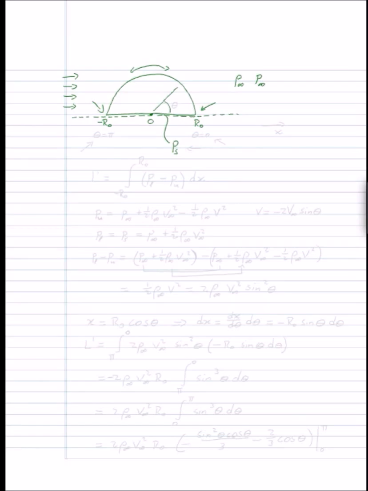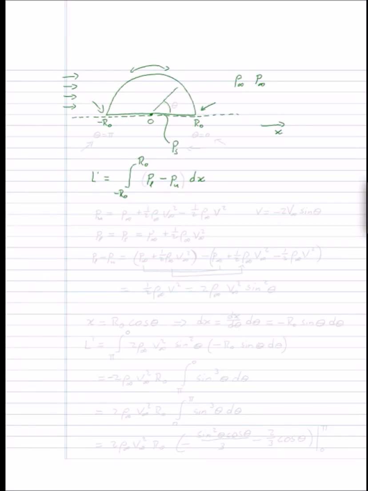So we've got ourselves lift L prime, which is going to be the integral from minus r0 to r0 of the pressure on the lower side minus the pressure on the upper side, and we integrate that across x. So we've got x running in that direction.